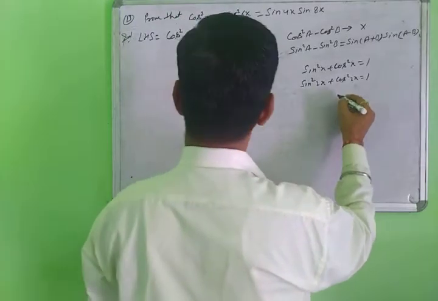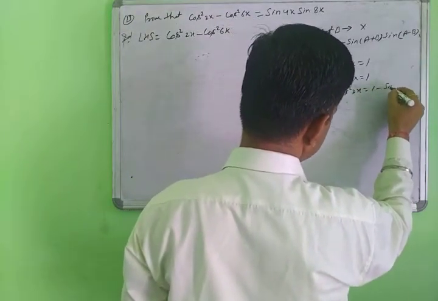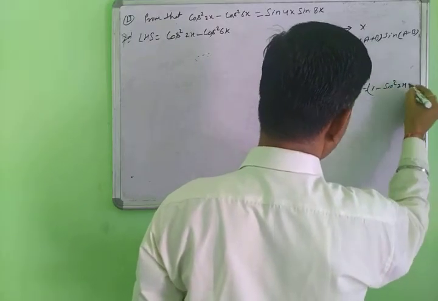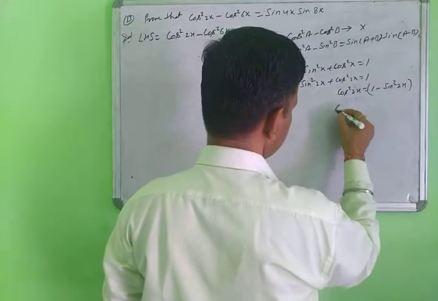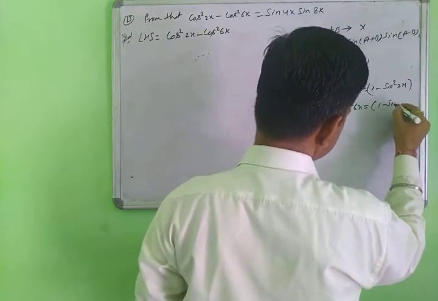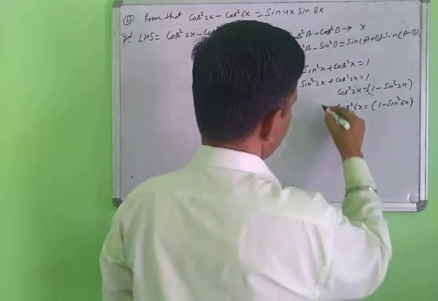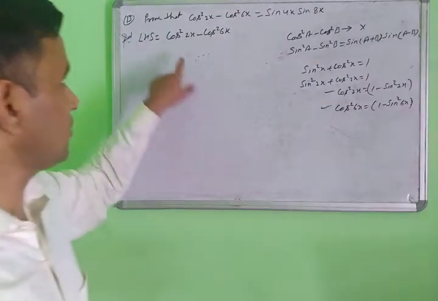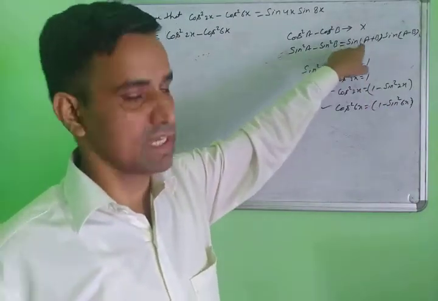So what is the value of cos square 2x? 1 minus sin square 2x. Similarly, cos square 6x is 1 minus sin square 6x. You put these two values here, converting to sine. After that, use this identity.